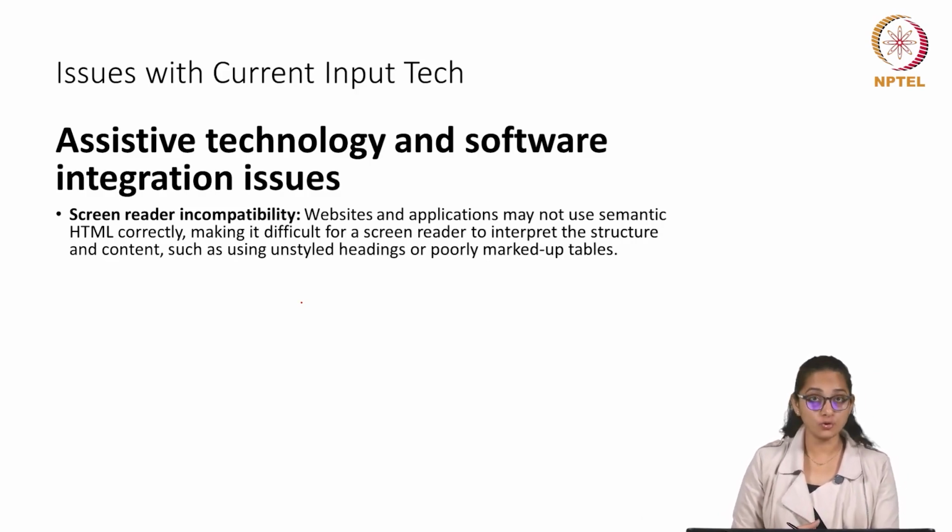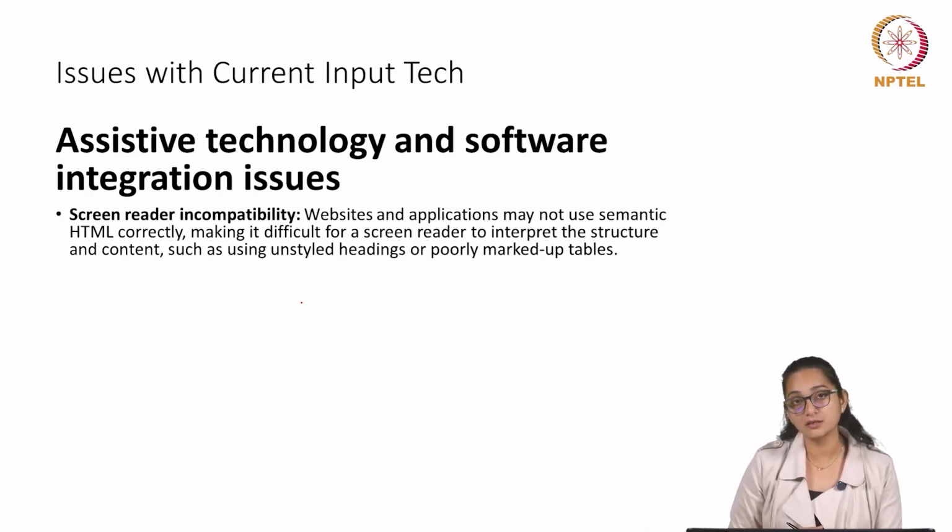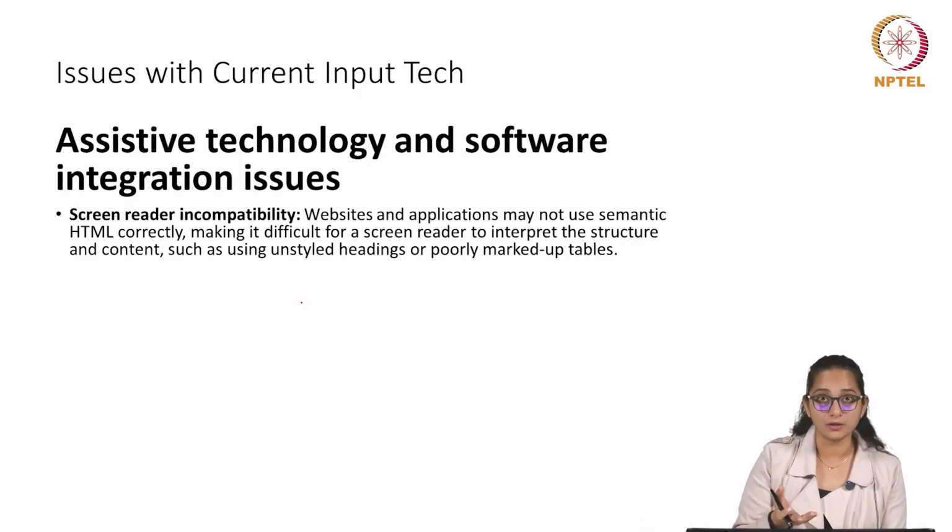Even though assistive technologies like screen readers may be present in the market, they may not be useful for your product unless you make it compatible with a screen reader.